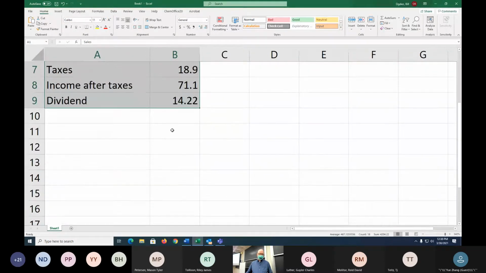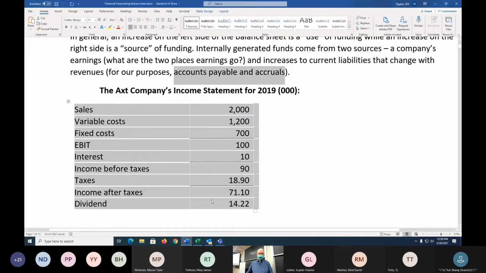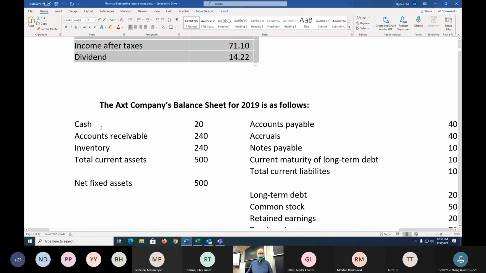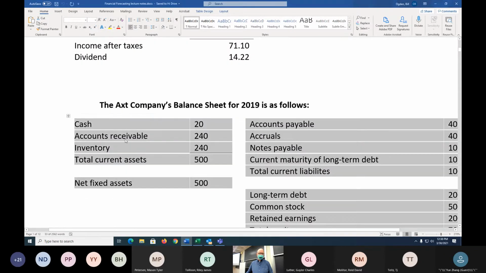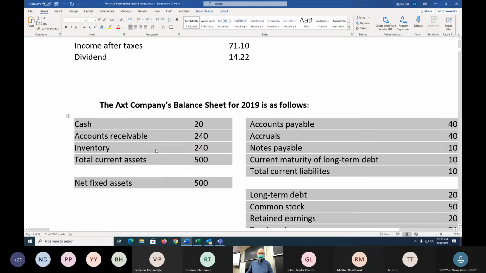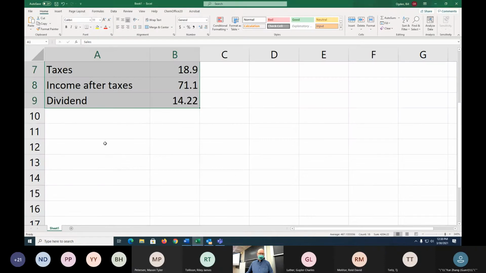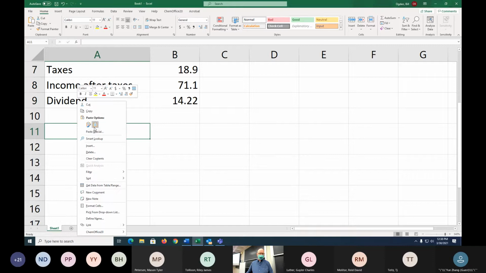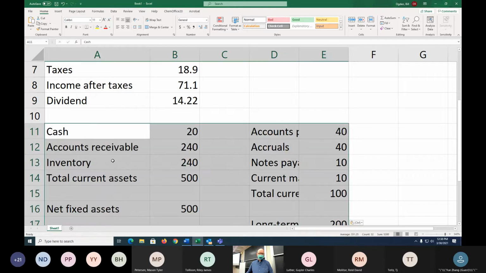All right, and then we'll download the balance sheets. So let's get the balance sheet. And we'll drop that into Excel. And for now, let's just drop it in right here. Yeah, that's good.